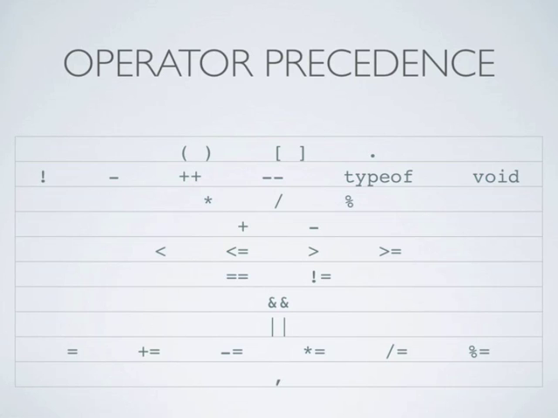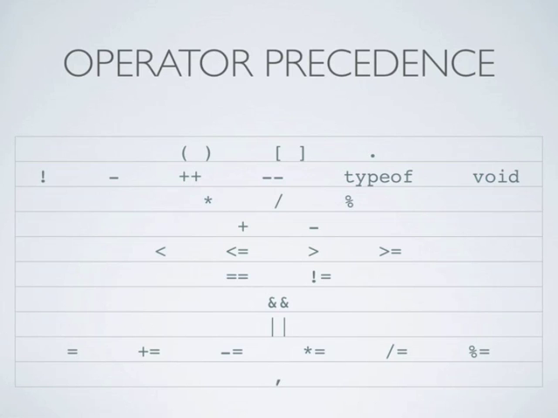But here's a little chart that breaks down all of the different operators and a couple of the common functions that you're going to run into in JavaScript. You can see that indeed the parentheses are at the very top level. They always will be executed first. On the second level, we have some of the other operators we've talked about, plus the typeof function that we've discussed in a previous episode. After that, we have our multiply, our divide, our modulus, followed by addition, subtraction.